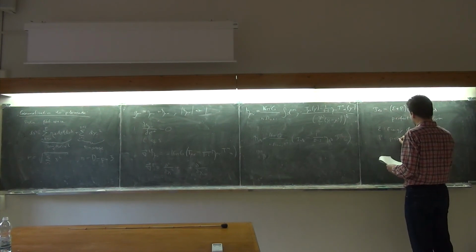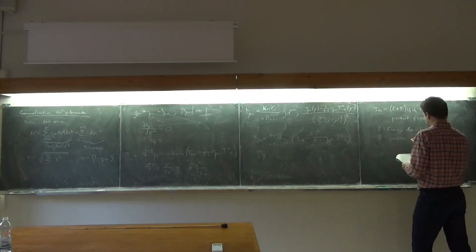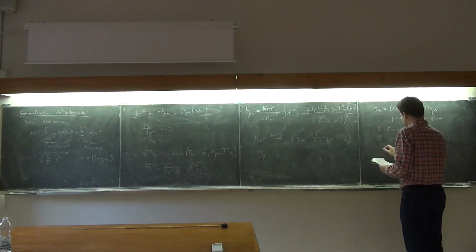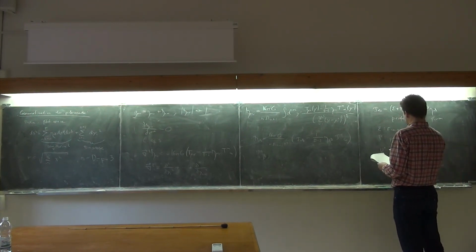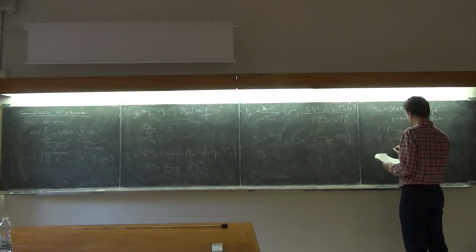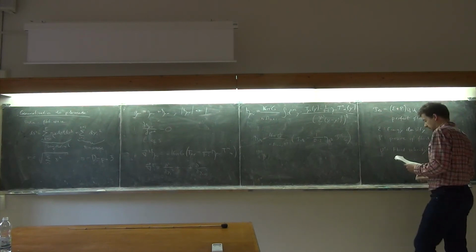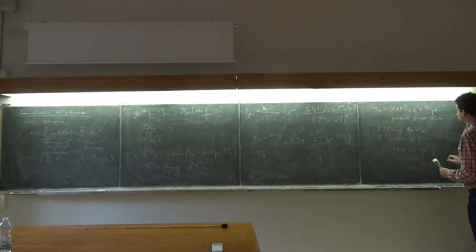Sorry for that. So P is the pressure of the fluid, and this u^A is the fluid velocity. And as any velocity, you have that the norm is -1.